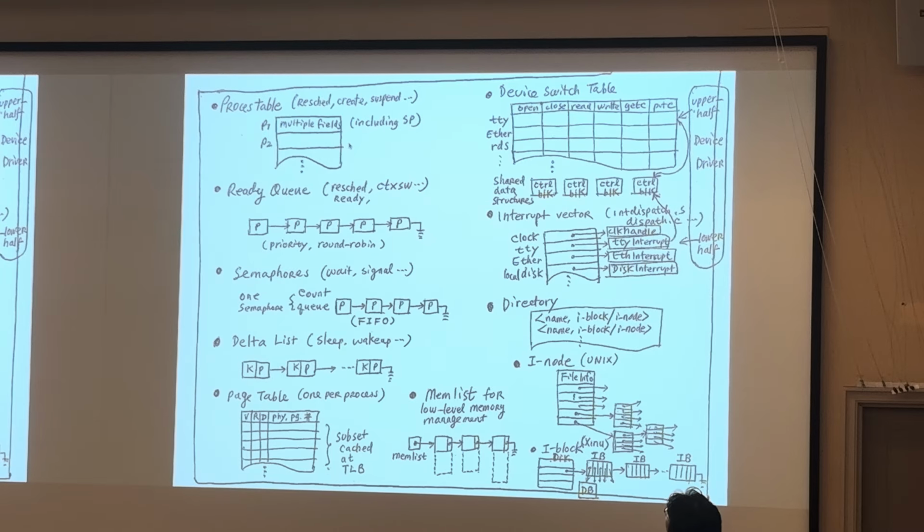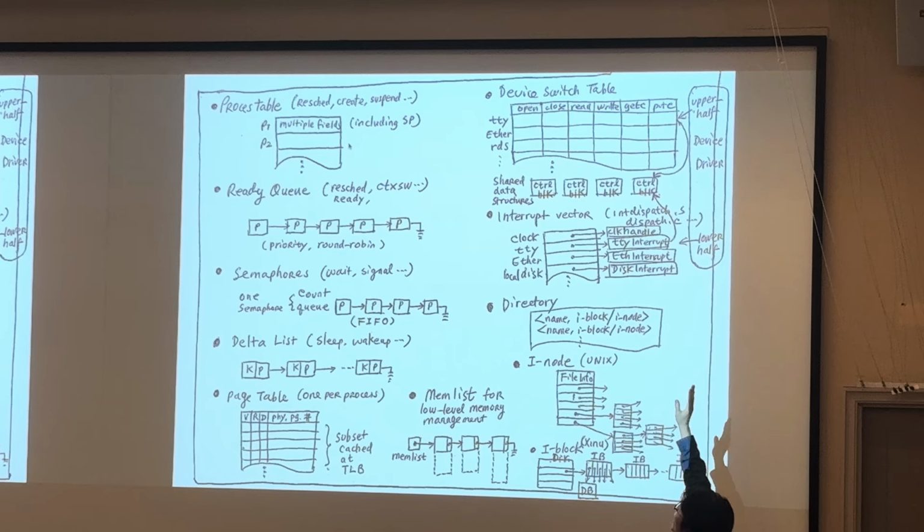All right. And then the device table. We learned about the device, and how even in Xinu, a lot of things can be viewed as a device. File system, even each file has a pseudo device. So they have a device switch table, and each device has a list of functions: open, close, read, write, get char, put char.